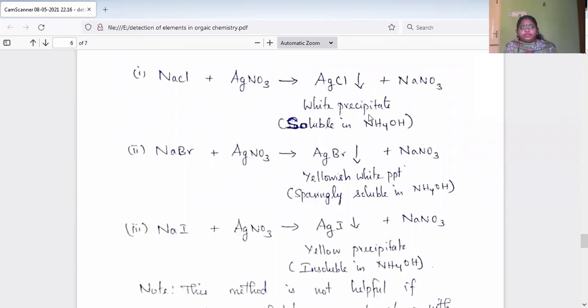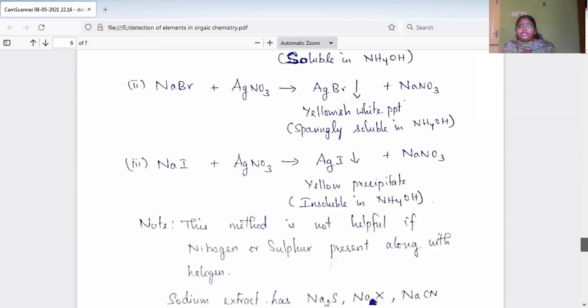But another important piece of information here: the AgCl gives a white precipitate, but it is soluble in ammonium hydroxide. Even solubility in ammonium hydroxide also confirms that halogen. If it is AgBr, I told you it is a cream or yellowish white precipitate, and it is sparingly soluble in ammonium hydroxide, NH4OH.